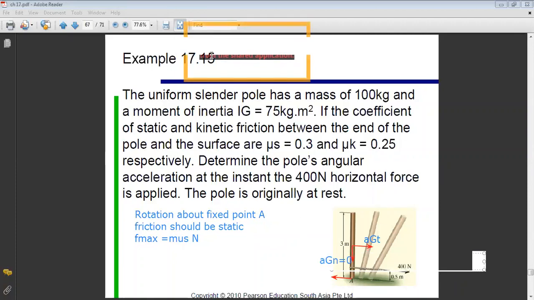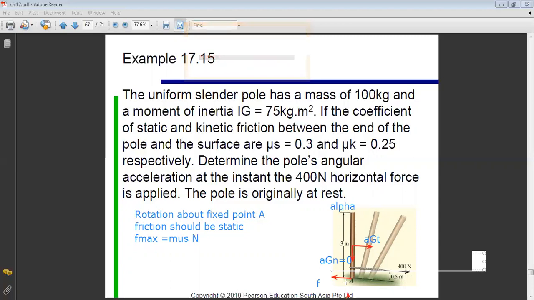And I have the friction force F. I still have an unknown. What is the unknown? Alpha. Yes, alpha. And I have my normal reaction N, which is also unknown, and I can calculate it.